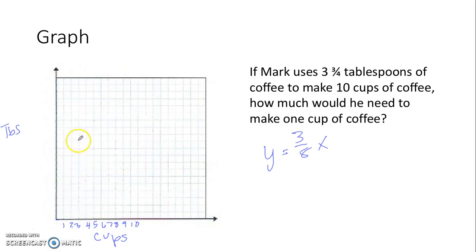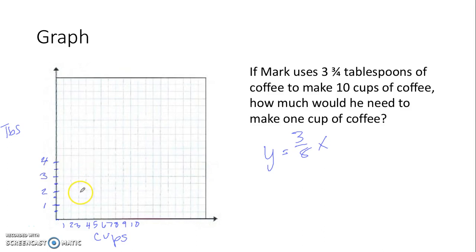So I think that we should do it by 1/2. Each line here is going to be 1/2. So I'm going to skip 2 lines, that's 1. Skip 2 more lines, that's 2. Two more lines, that's 3. And 2 more lines, that's 4.